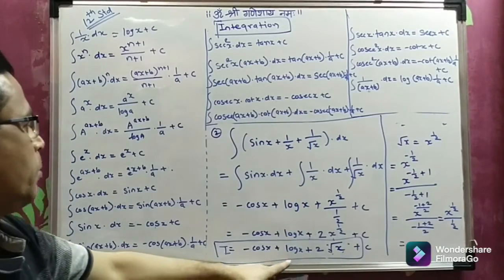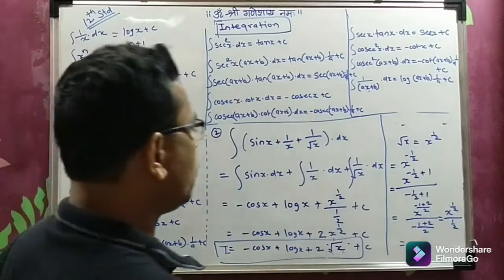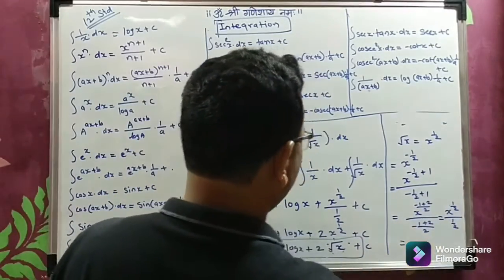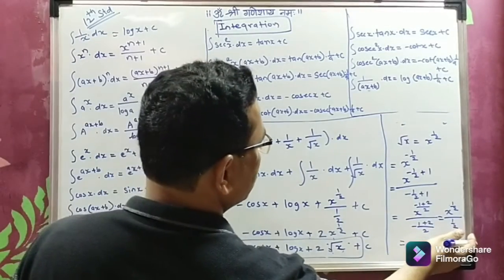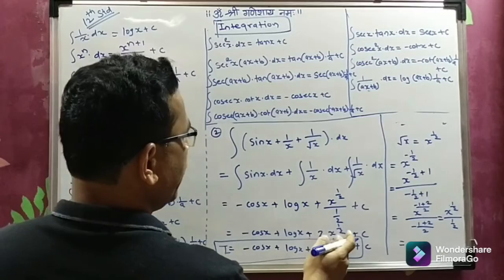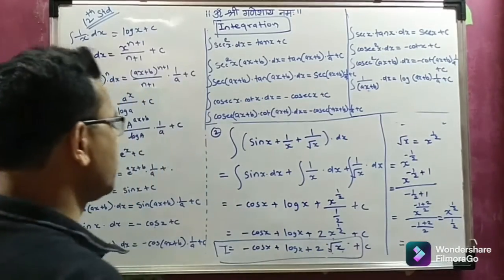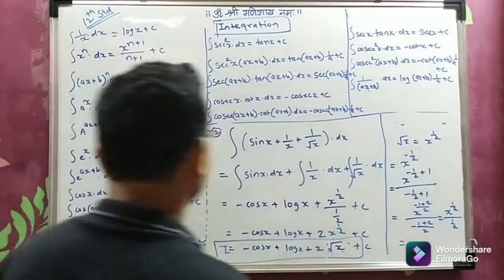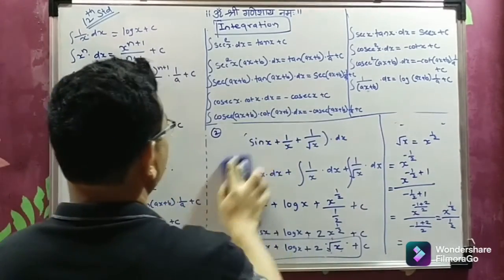So the answer is minus cos x plus log x plus 2 root x, because minus 1 by 2 plus 1 is 1 by 2. So I have taken this 2 in the numerator, so it becomes 2 root x. Now we will move to the next problem, that is problem number 3.